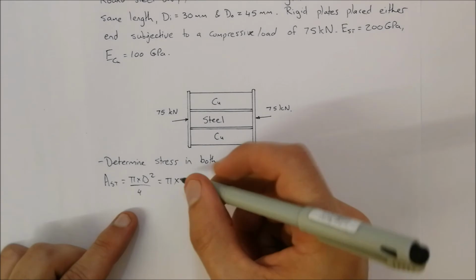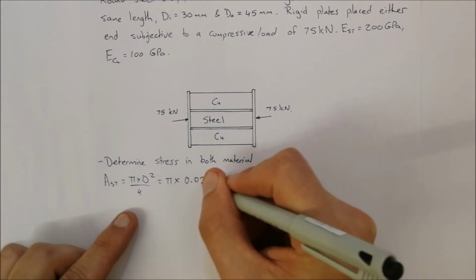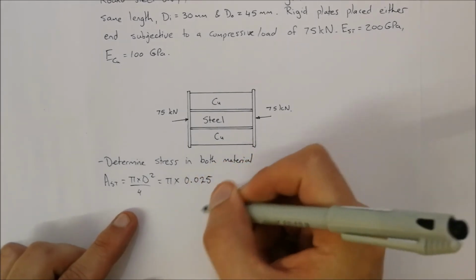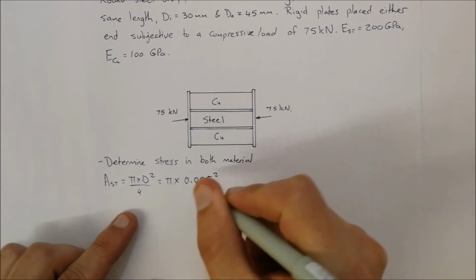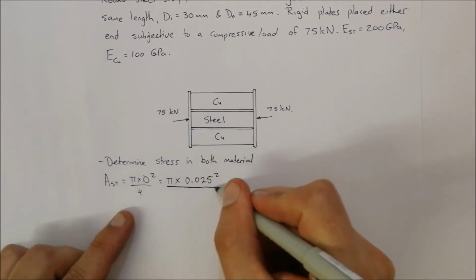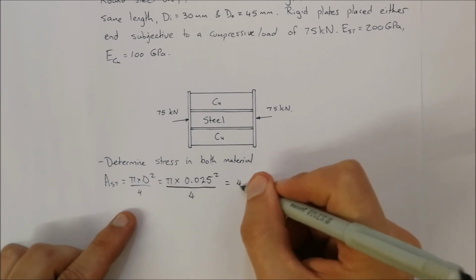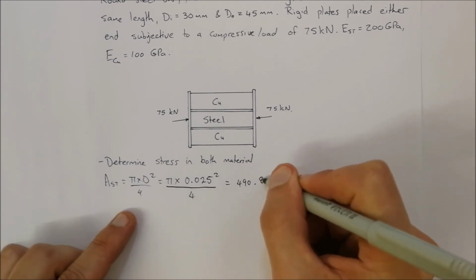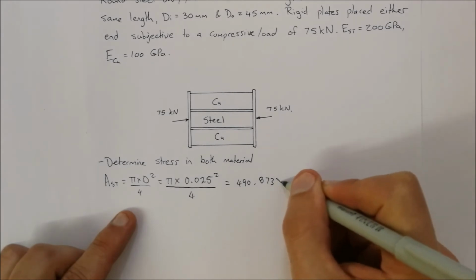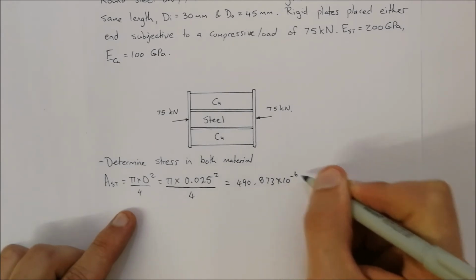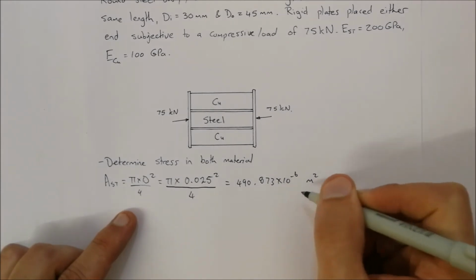So that is equal to 0.025 meters, we always work in meters, squared, divided by 4. And that gives us an answer of 490.873 times 10 to the minus 6 square meters.